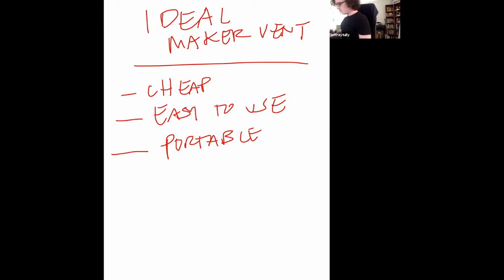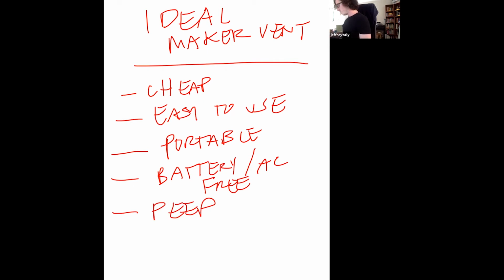It would be nice if there was some pneumatic mechanism such that it was battery or AC free. It would provide some degree of PEEP, that really important positive end expiratory pressure that helps to keep the airways open in between each breath, and it would be safe. There are ways, we can talk in other working groups about how we can accomplish each of these things, but that to me would be kind of the ideal goal for what we would look at.